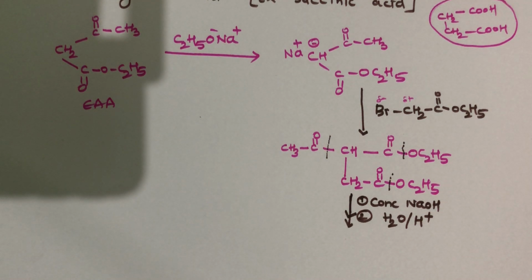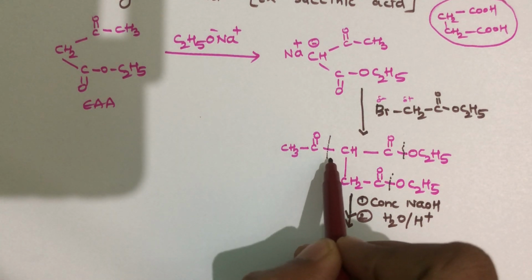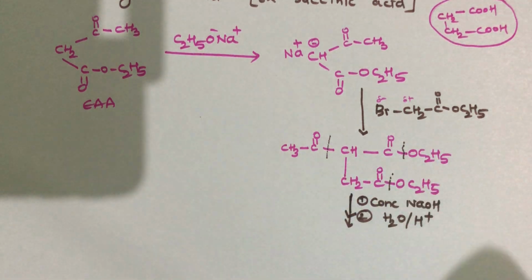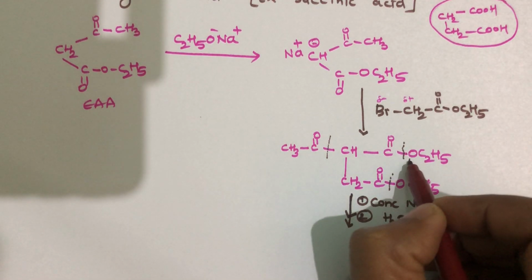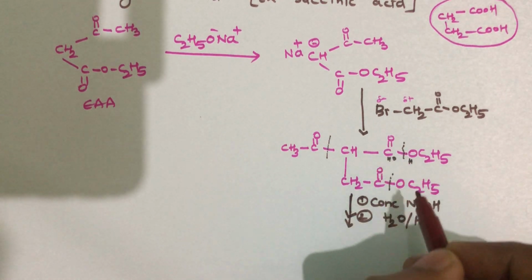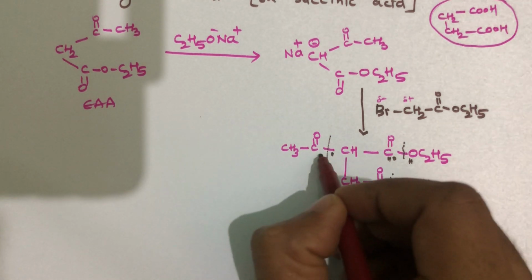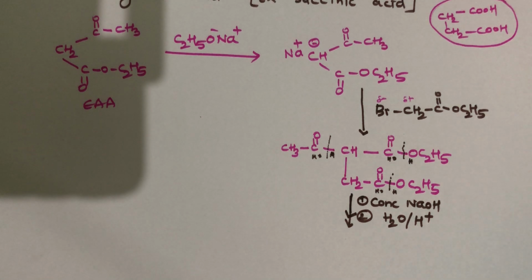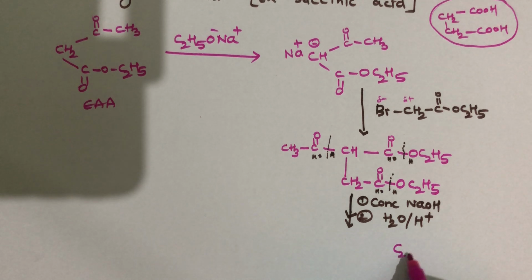This forms acetic acid. This will give you succinic acid and this will give you ethanol molecules. So what happens is H OH, here H OH, H OH. This bond breaks, H adds here, you get C2H5OH.